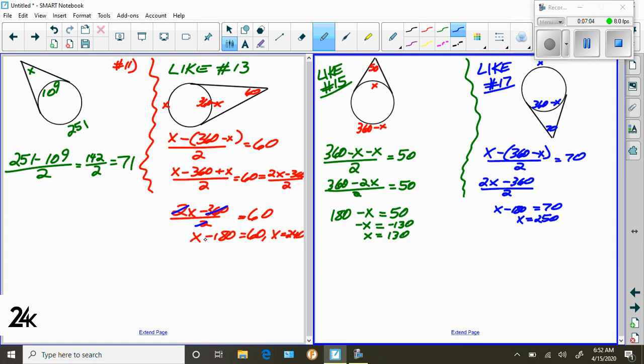Hey, this was x minus 180, and that was x minus 180. And x was the biggest piece, and x was the biggest piece. But this time x was the smallest piece. Well, I don't know. Let's find out. Let's explore. Let's see what happens. It's like Dora.